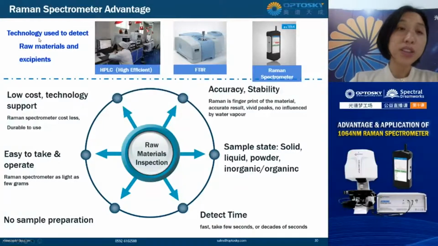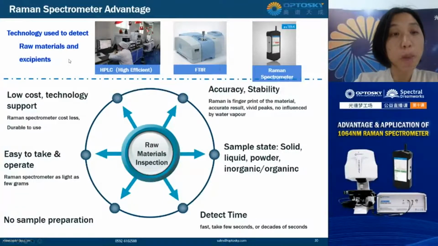As we all know, there are 3 different types of technology used to detect raw materials and excipients: HPLC, which is high efficiency but very large and time consuming, FTIR, and Raman spectrometers.